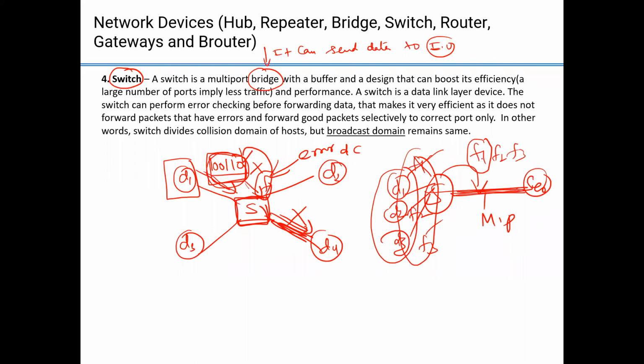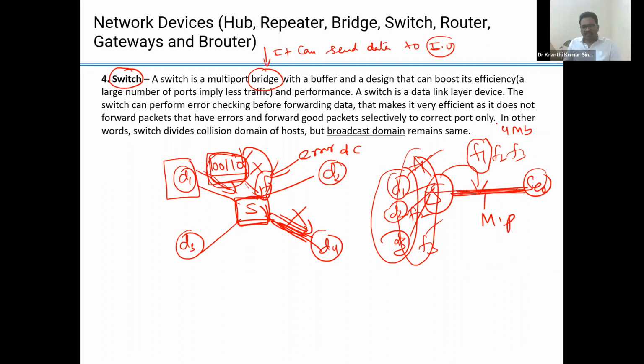For example, the capacity of that particular channel is 3 Mbps. Then on this channel, 3 frames are transmitted, so the channel is shared with 1 Mbps for frame 1, 1 Mbps for frame 2, 1 Mbps for frame 3.